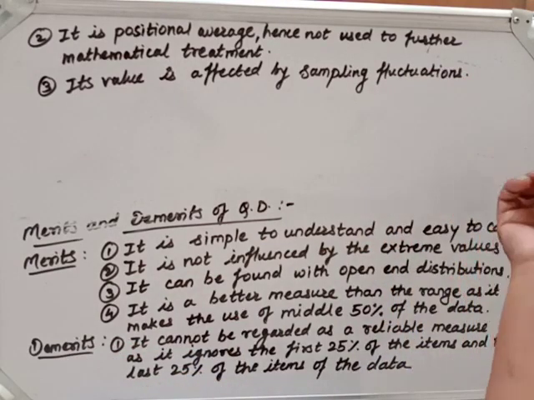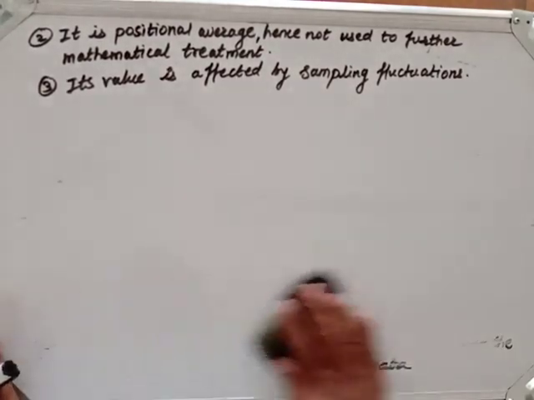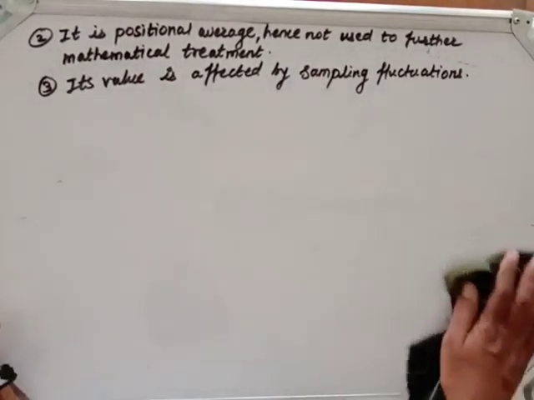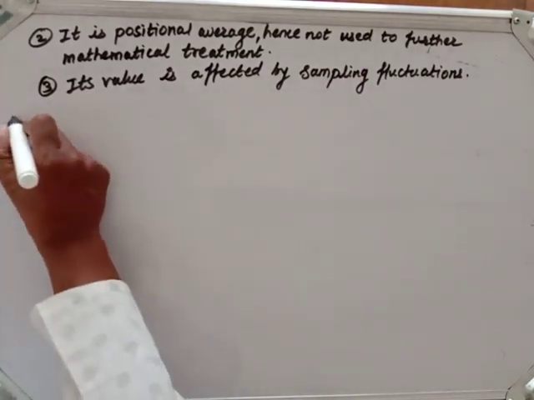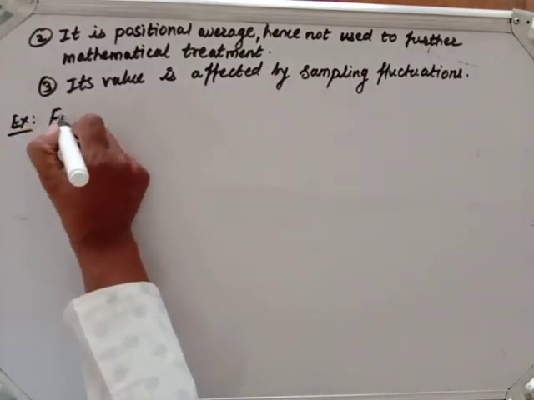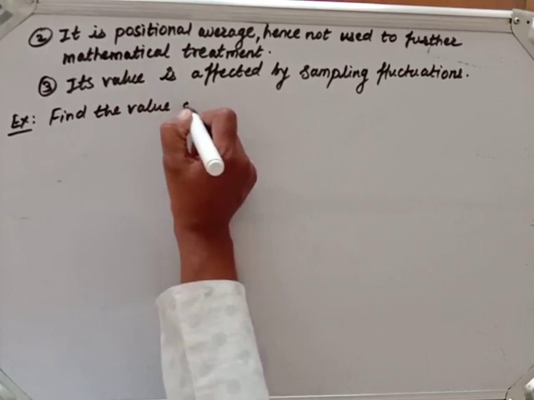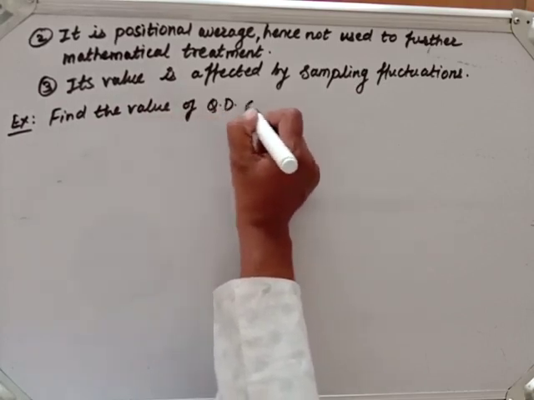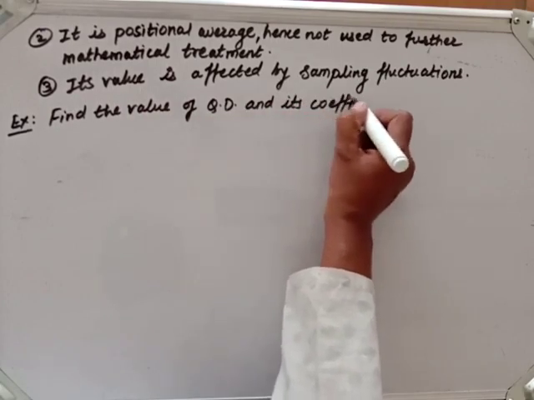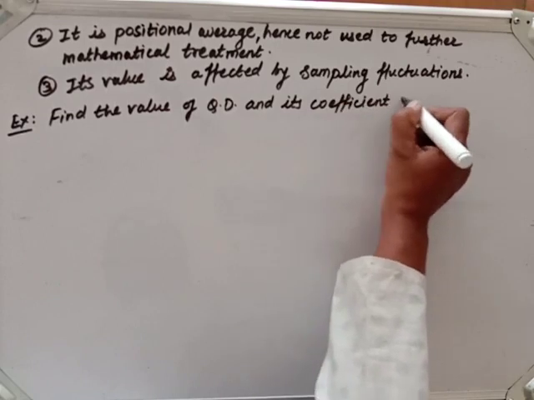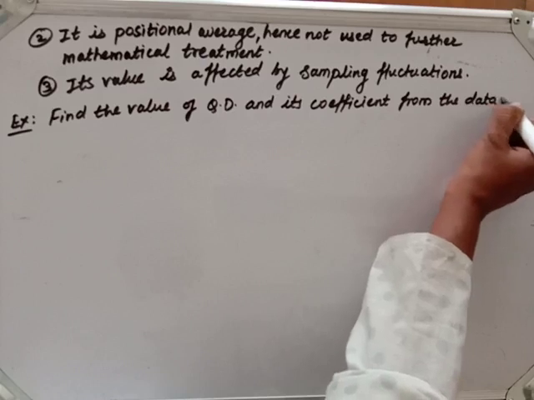Now, let us solve some examples on this one. The first example is: find the value of quartile deviation and its coefficient from the following data.